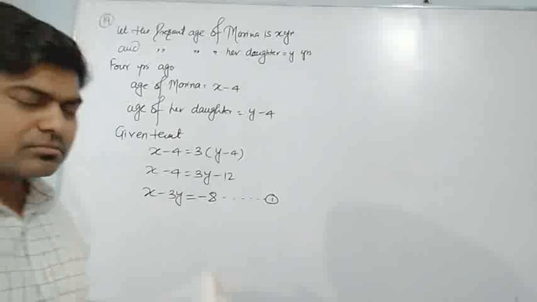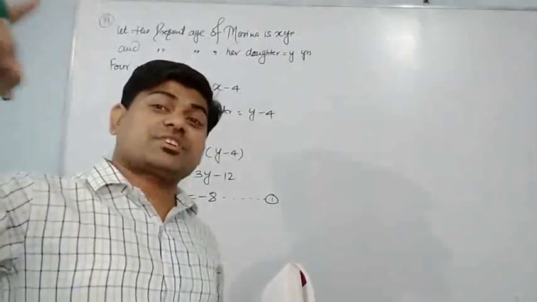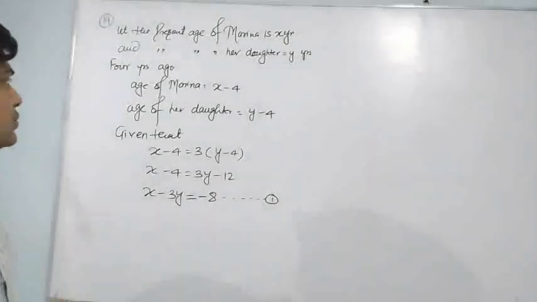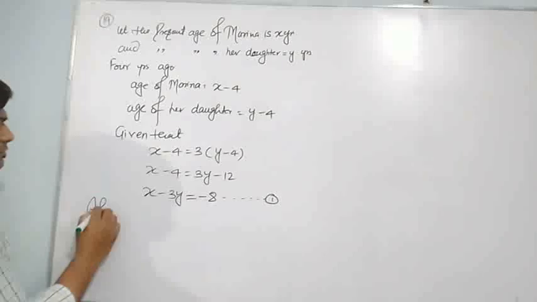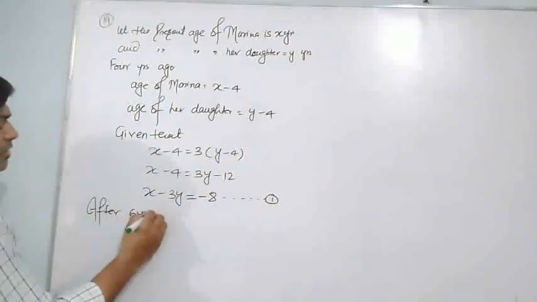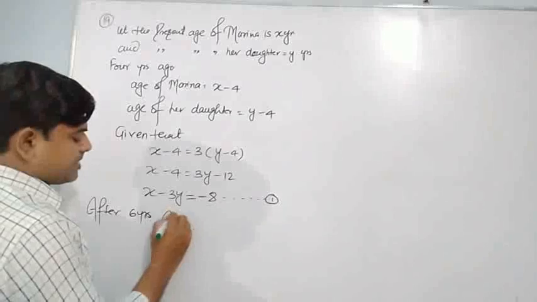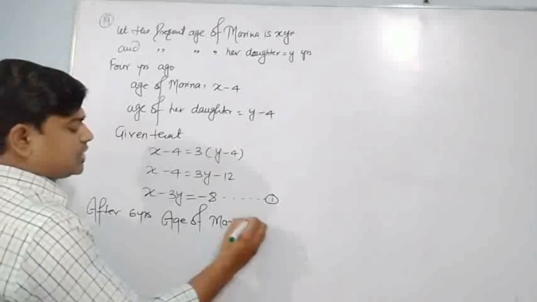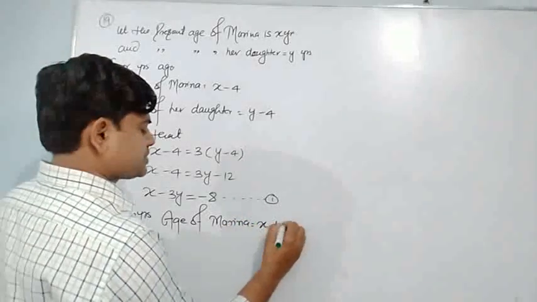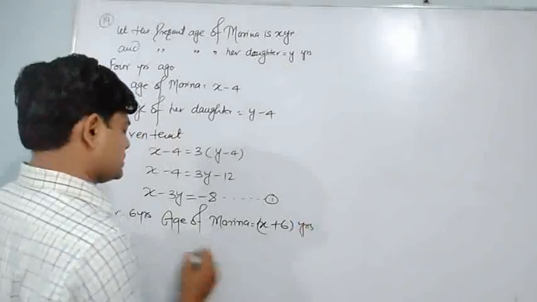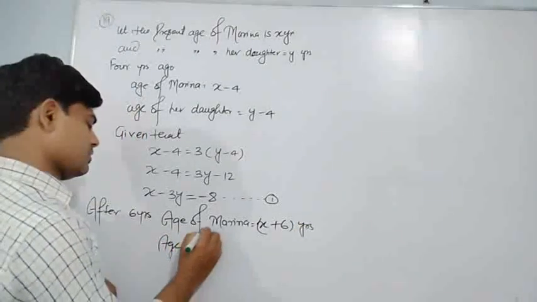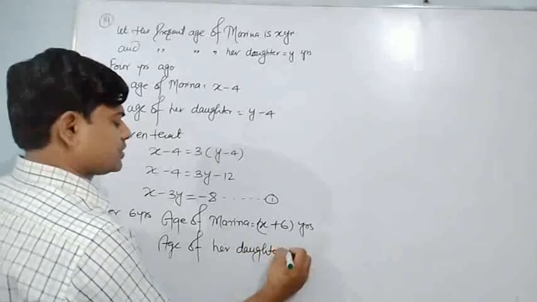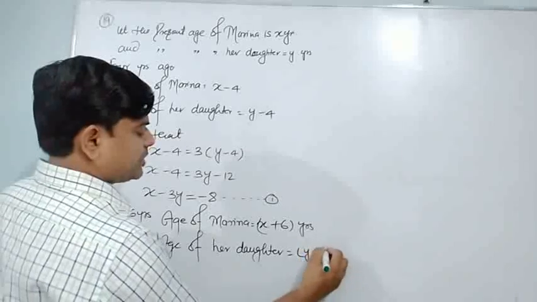Now we are talking about 6 years later. It's written 6 years from now. So what can I write? After 6 years, the age of Marina will be X plus 6 years. The age of her daughter will be Y plus 6 years.